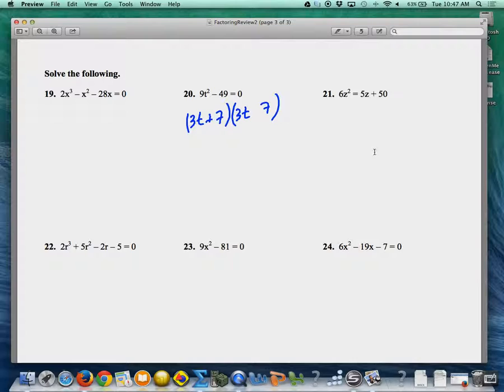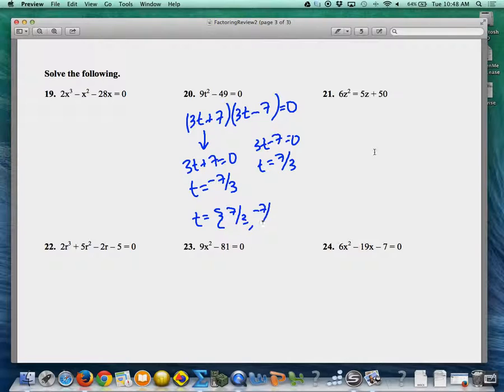One is positive, one is negative, and you set it equal to 0. Now, if I get 3t plus 7 equals 0, that gives me t equals negative 7/3. And then if I do 3t minus 7 equals 0, that gives me t equals positive 7/3. So I get 2 answers here, positive 7/3 and negative 7/3.